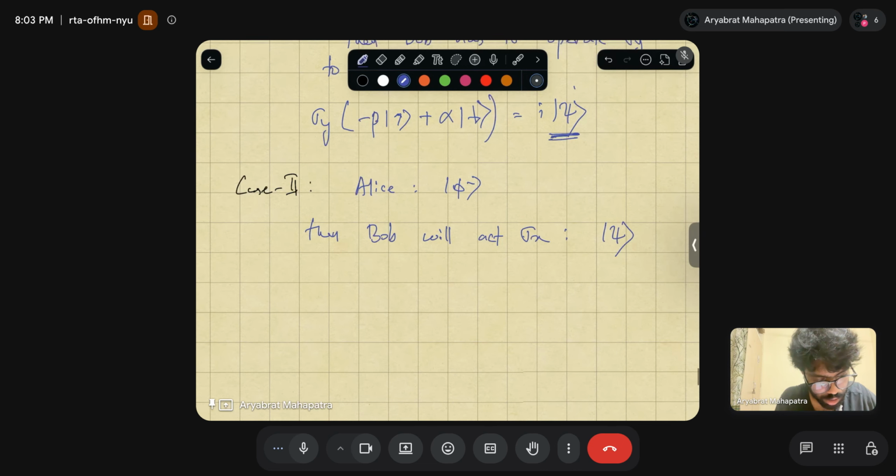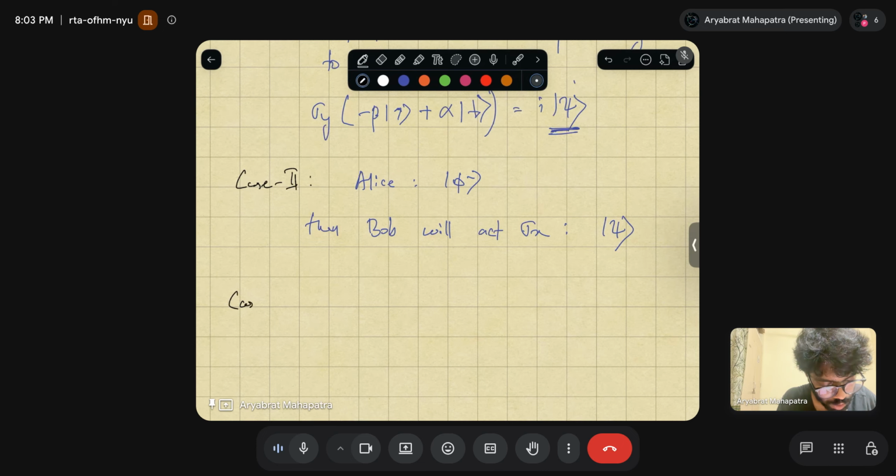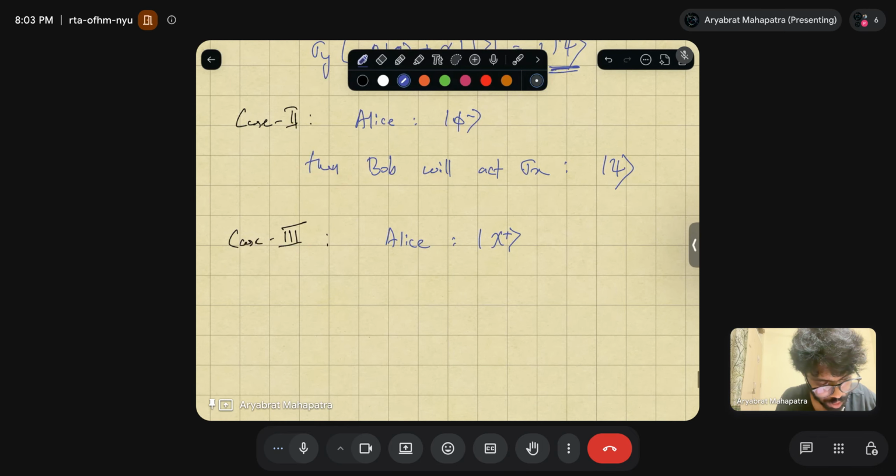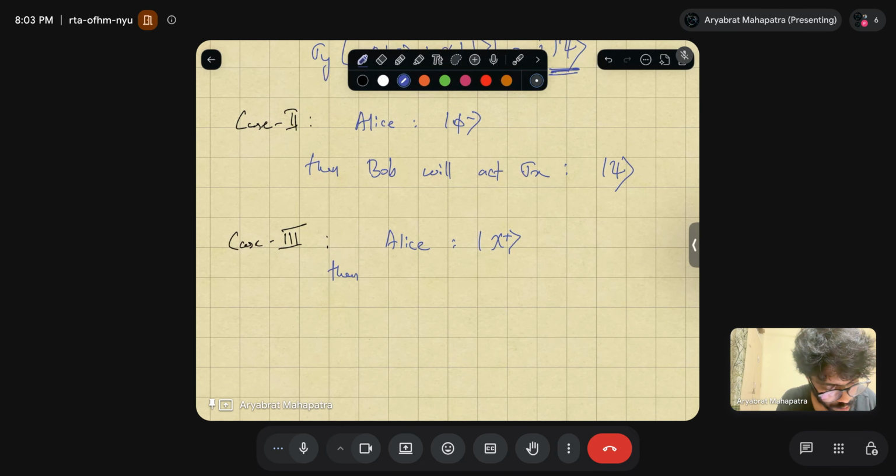And again, you can thoroughly check these cases. If Alice's measurement is chi plus, then Bob will act with sigma z, which will give again psi.